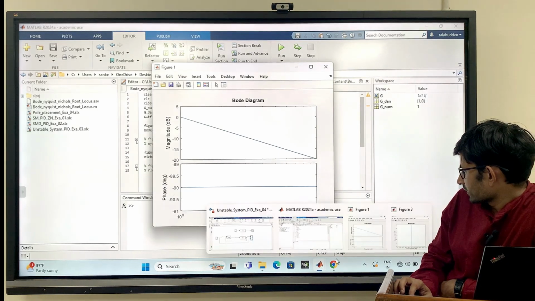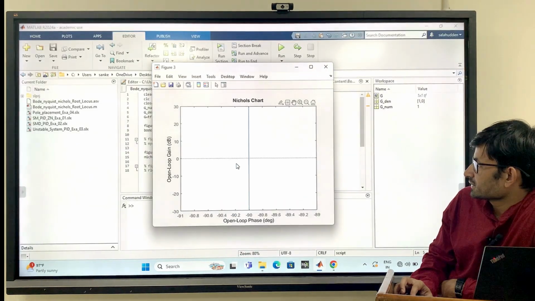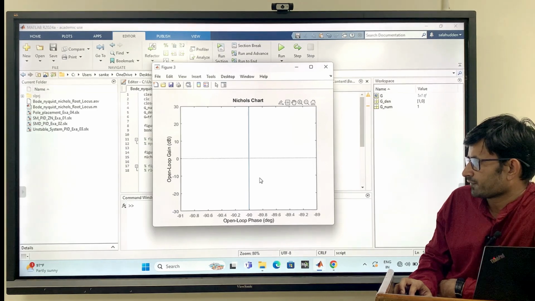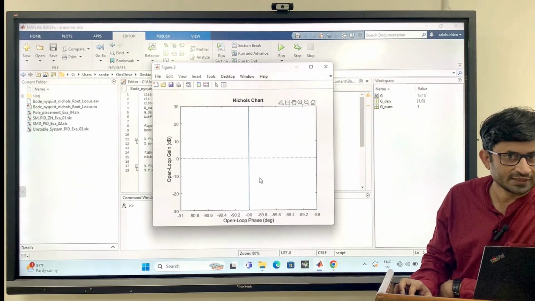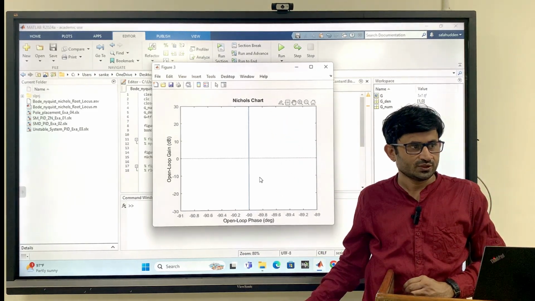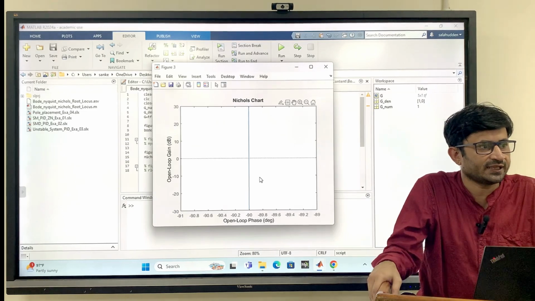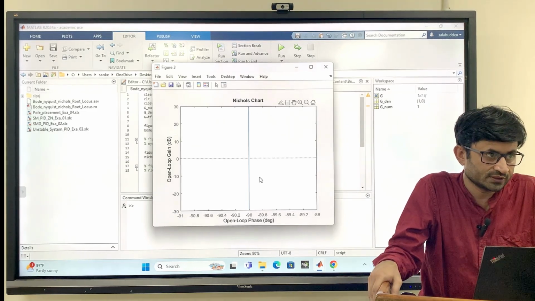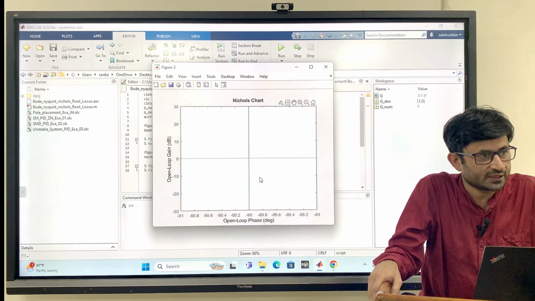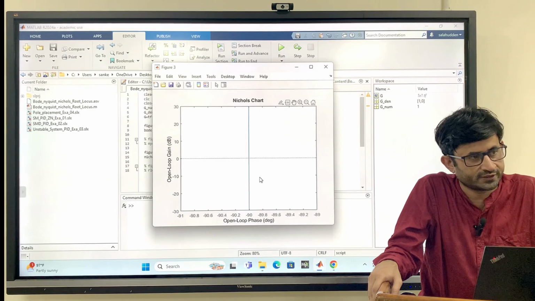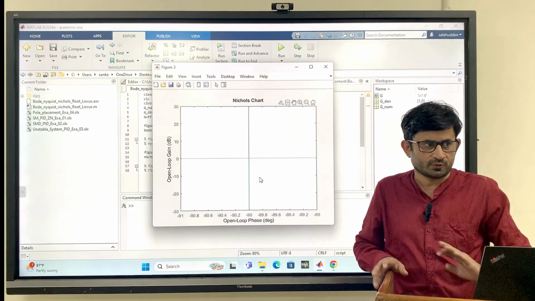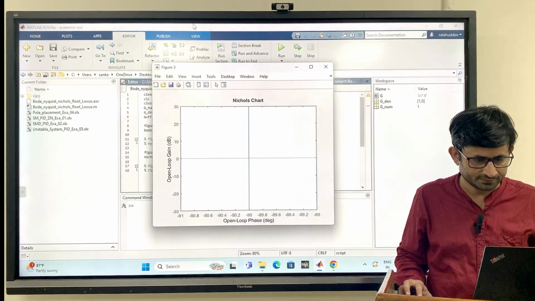In Nichols chart you can also see that for all frequencies the phase remains -90 degrees, so you see a vertical line here. So it is easy to understand gain and phase on one plot using the Nichols plot, and it is plotted in Cartesian coordinates, so very simple to read. This is another way of seeing the Bode plot.